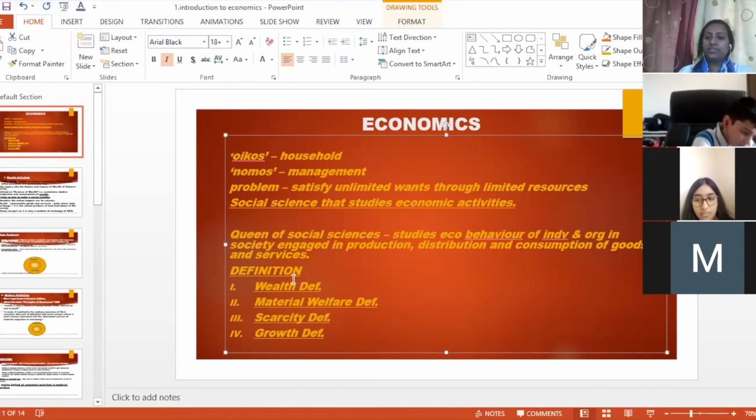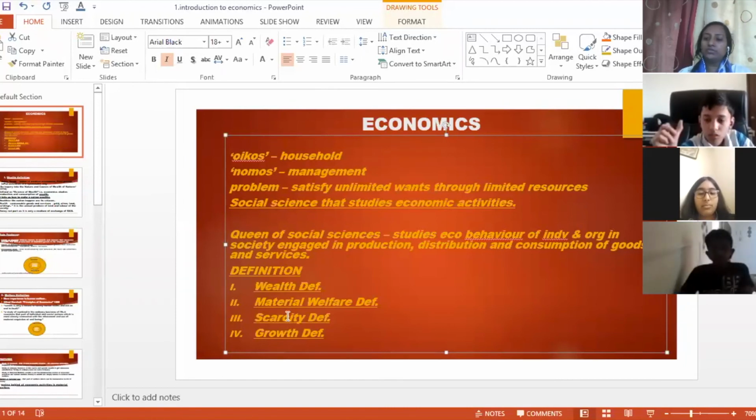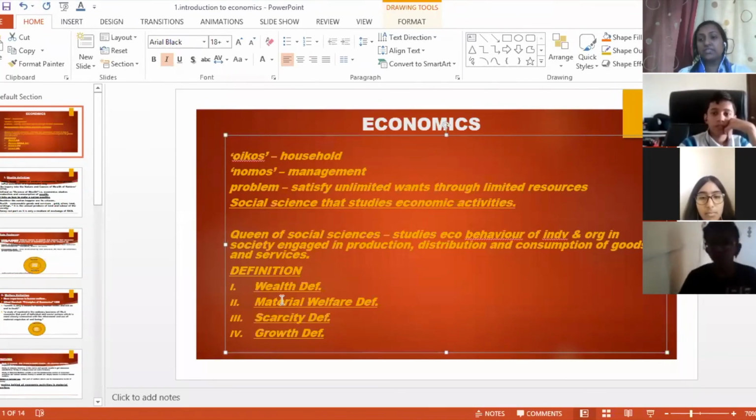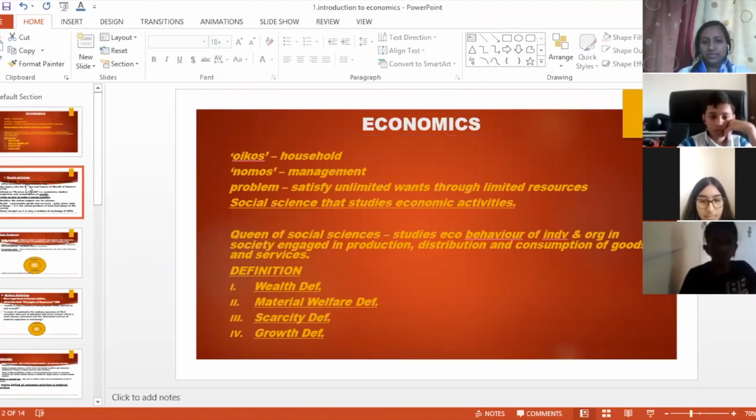The different definitions given were: first the wealth definition, second the material welfare definition, third the scarcity definition, and fourth the growth definition. We will study these individually, what the main characteristics of these definitions were, and then finally we will arrive at economics as we study it today. So we'll start with the first definition, that is the wealth definition.